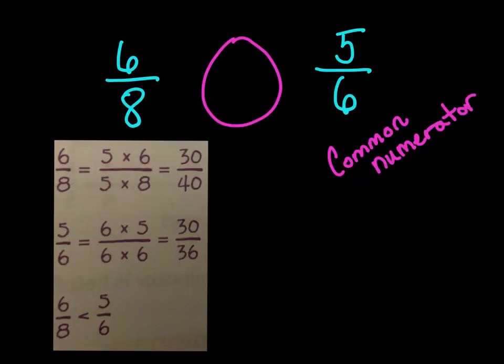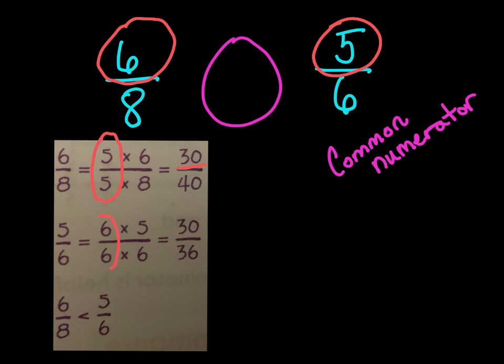Next one, we want to find the common numerator to help figure out is 6/8 greater than, less than, or equal to 5/6. When we looked at the numerator, we asked ourselves, what do these two numbers have in common? Well, they have a 30. So I'm going to multiply the top and the bottom by 5 to get 30/40.